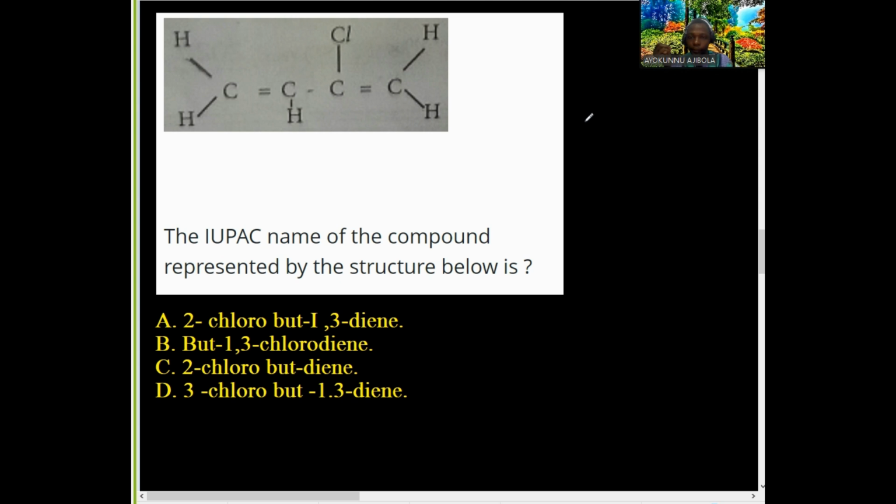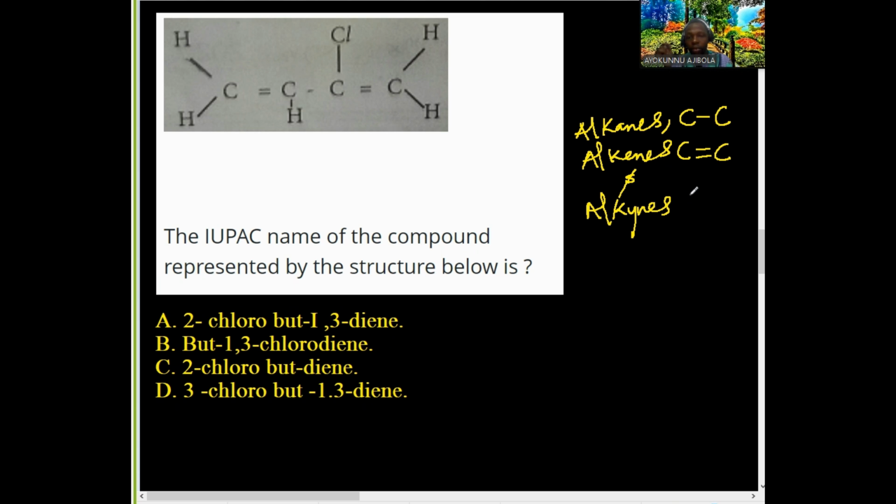Alkanes, alkenes, and alkynes. You know that alkane is carbon to carbon single bond, this is carbon to carbon double bond, and this is carbon to carbon triple bond.